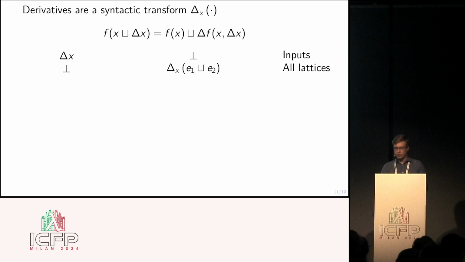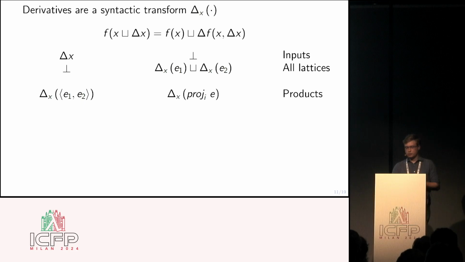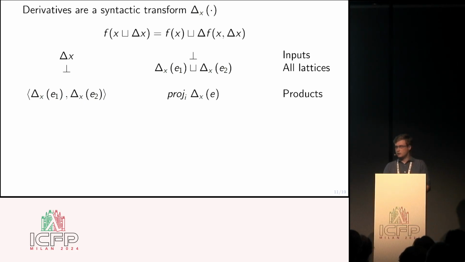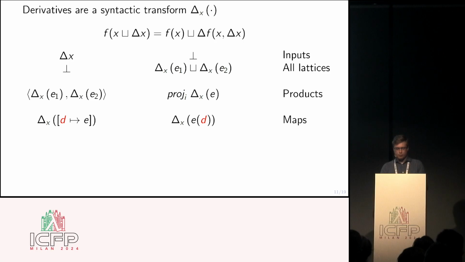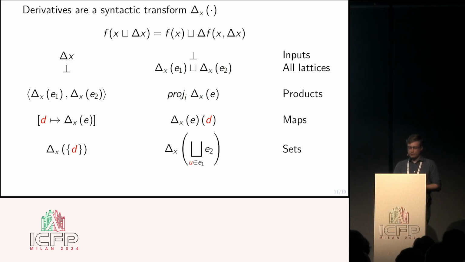The derivative of join just propagates into each side. For products, the derivative also just propagates downwards. For maps, again, since this external computation can't refer to x, it can't change with respect to x, and so the derivative just gets pushed down into only the lattice computations. Finally, for sets, again, these singletons can't refer to x, so they zero out.